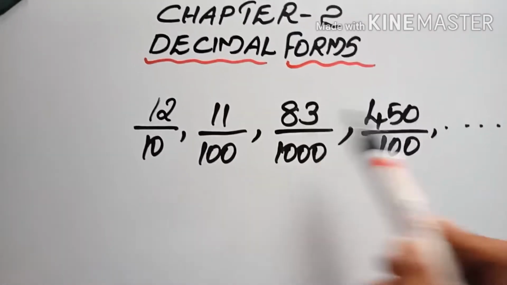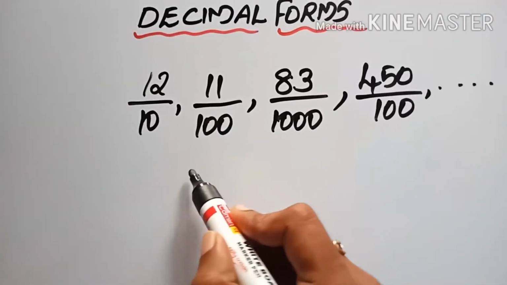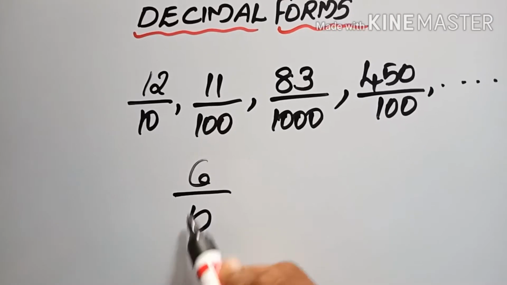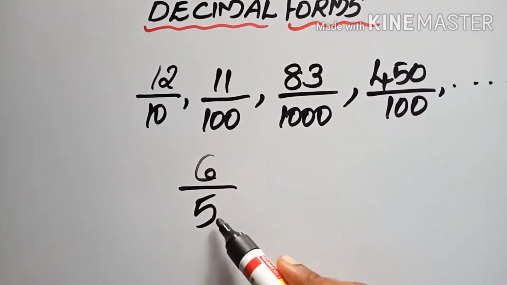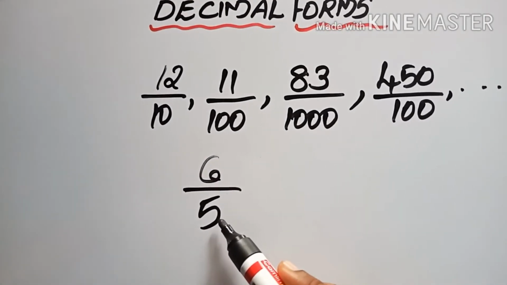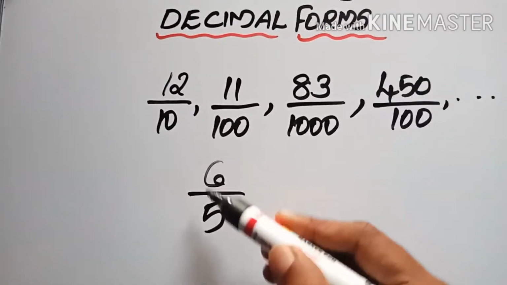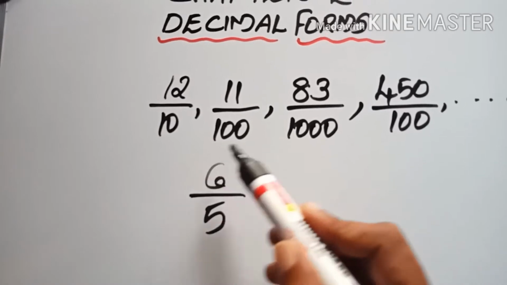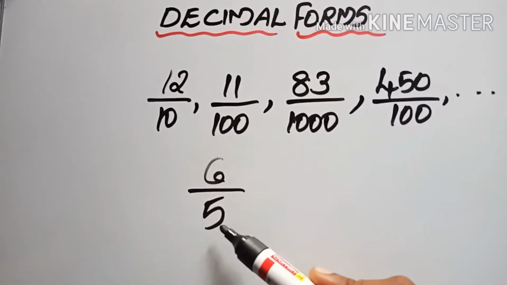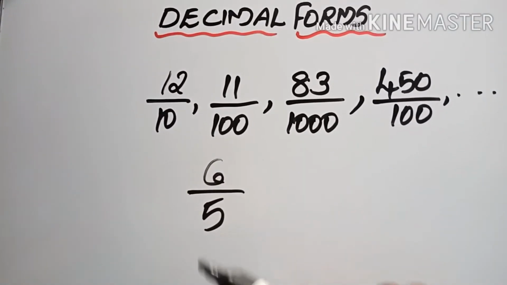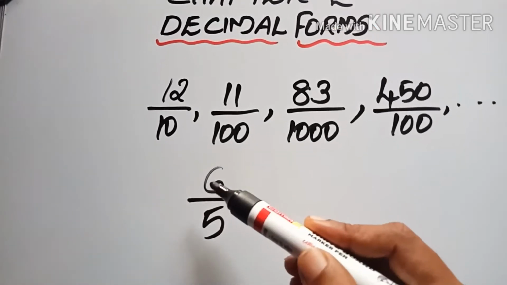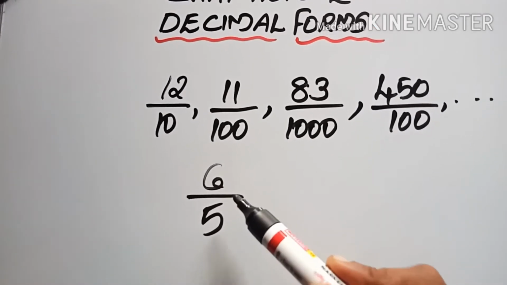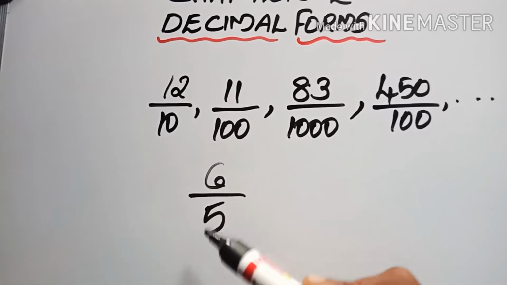For example, 6 by 5. This is also a fraction, but here the denominator is not a multiple of 10.